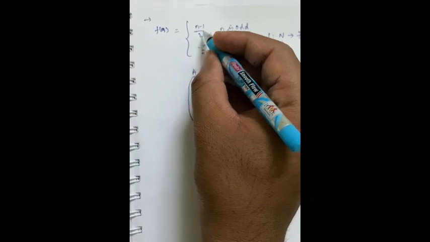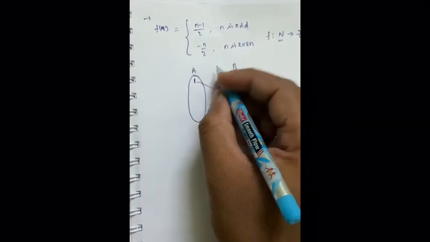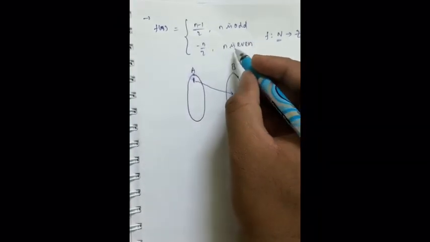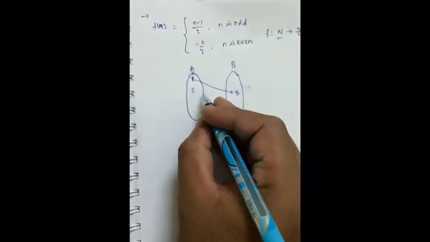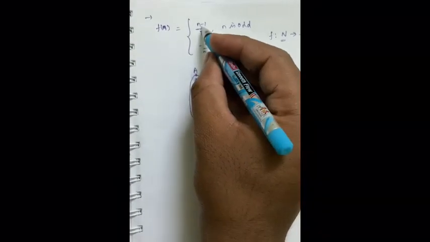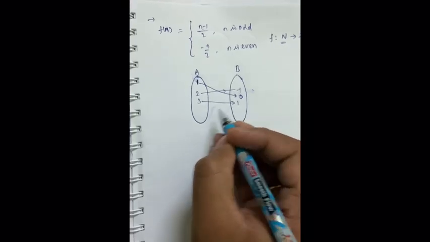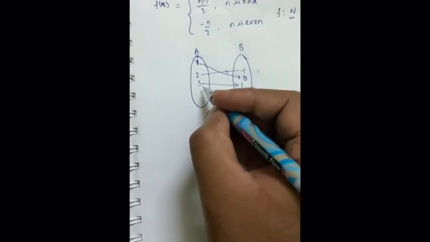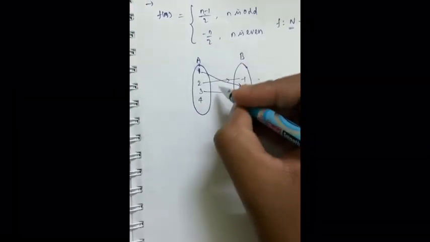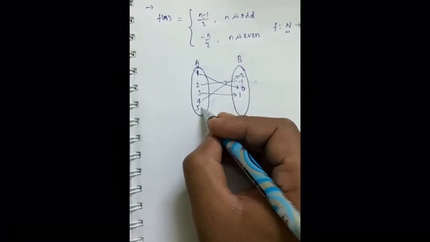If I look here, 1 minus 1 is 0. 2 is even, so minus 2 by 2, 2 will map to minus 1. 3 will map to (3 minus 1) by 2, which is 1. 4 will map to minus n by 2, which is minus 2. 5 will map to 2.